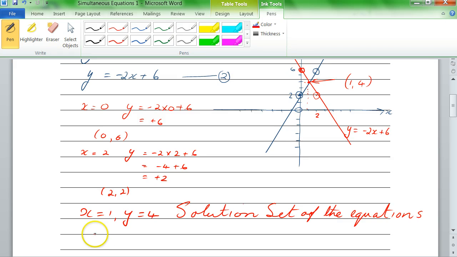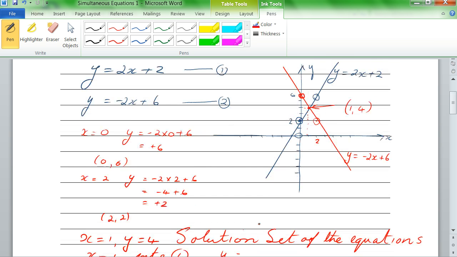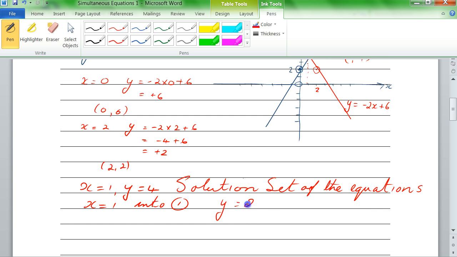So for example, if we substitute x equal to 1 into equation 1, which was y equals 2x plus 2, we get 2 times 1 plus 2, which is 4. And so it makes the equation true.